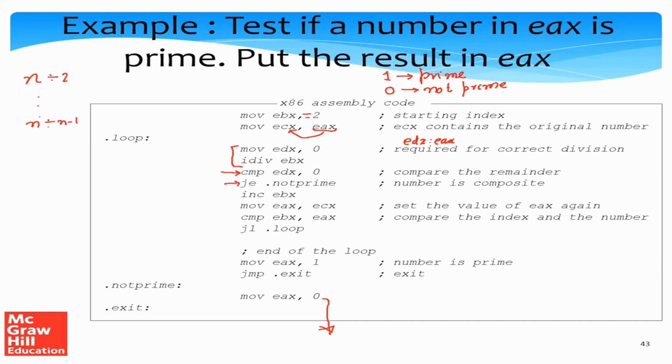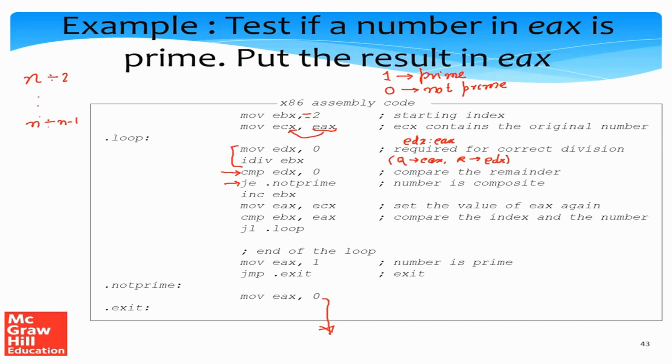Then the value of EAX has also changed because the IDIV instruction puts the quotient in EAX. Recall that the quotient is put in EAX and the remainder is put in EDX. Since the value of EAX has changed, we set the original value of EAX again.